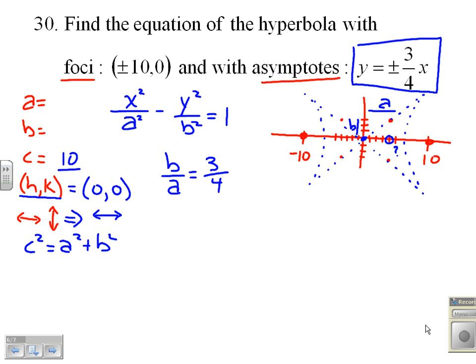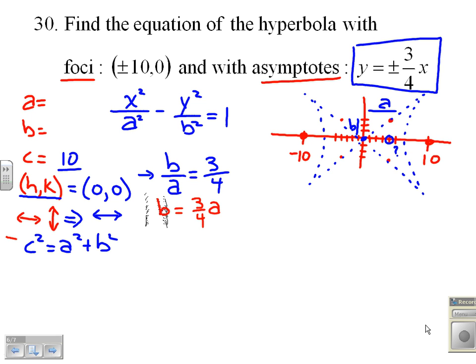I could easily solve this expression for B and get, if I solve it for B, I'm going to get B, not A, and get B equals 3/4 A. Well, how is that helpful for me?